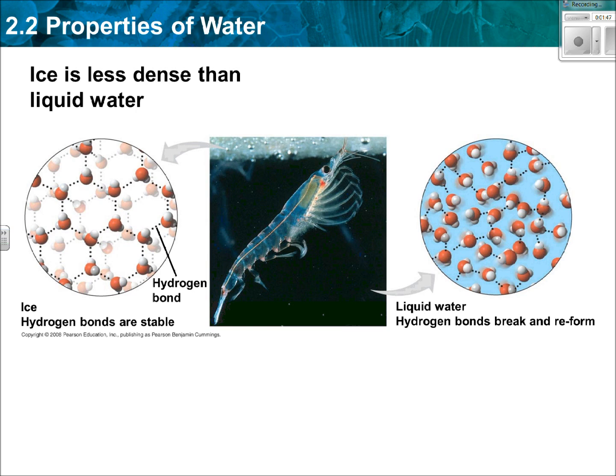See the geometrical shapes there? Leaving lots of space for air. So this is less dense, but look at the liquid on the other side. The water molecules are moving around and they don't have to be stuck and separated so much.